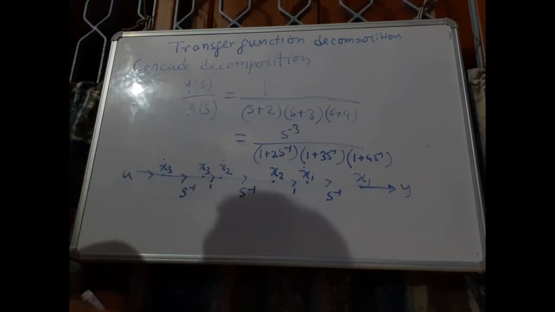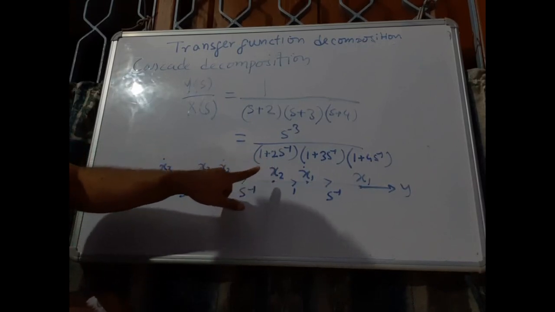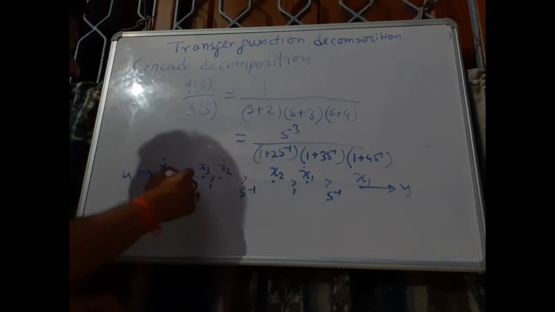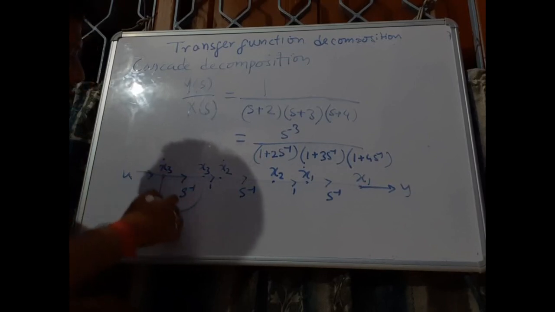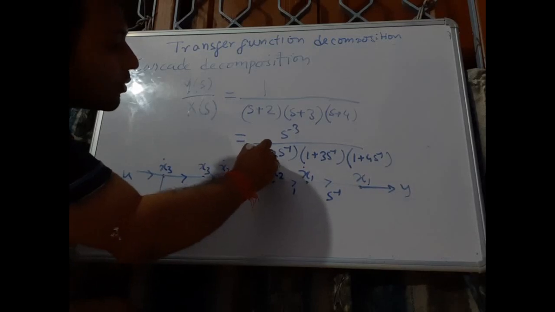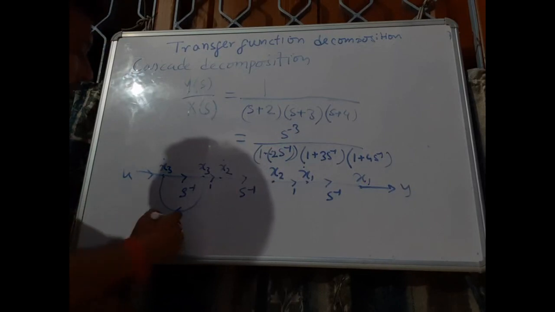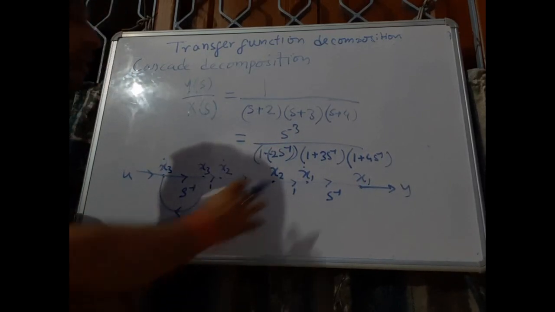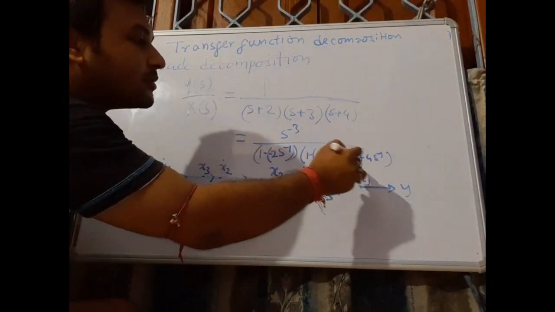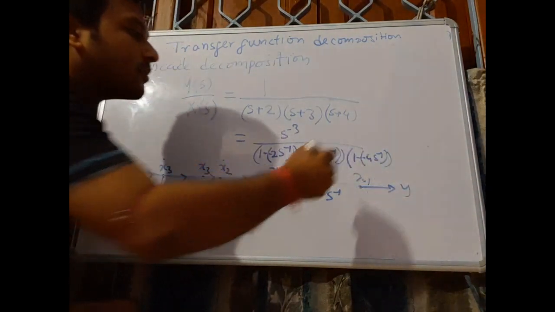So take this part, we have s inverse. We can write this as 1 minus of minus 2 s inverse, so this is minus 2, and here also we can write minus of minus 3 s inverse, and this part minus of minus 4 s inverse.